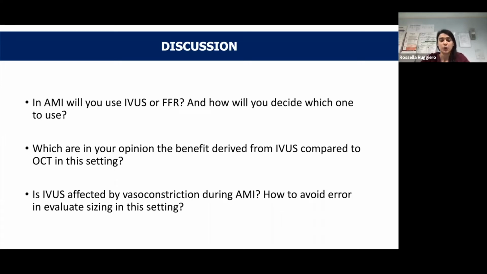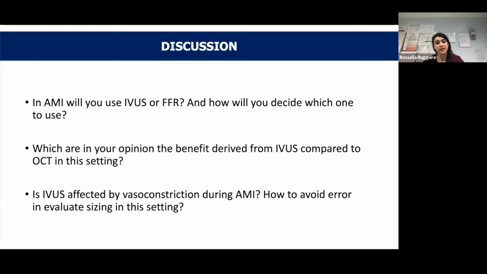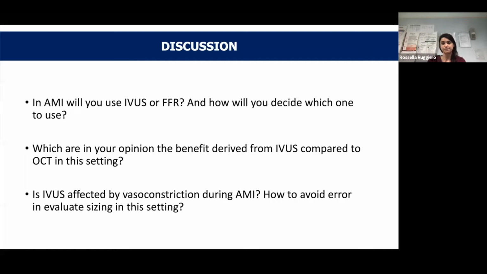And will you prefer to use IVUS or CT? And what are the benefits of these two types of imaging tools? And at the end, IVUS could be affected somehow by vasoconstriction. How can we avoid errors in sizing in this setting? So thank you very much.